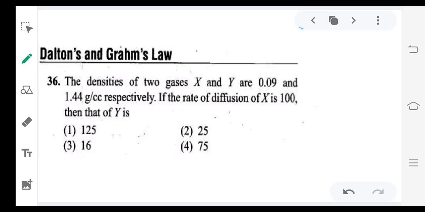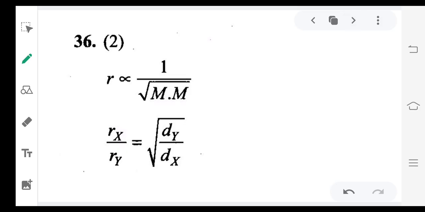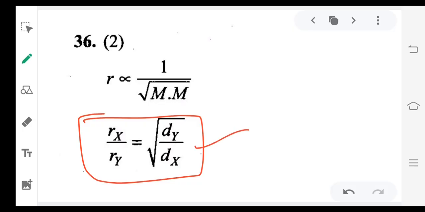They gave the densities and the rate of diffusion of X, and they are asking the rate of diffusion of Y. You know rate of diffusion is inversely proportional to root d. So by using this relation we can solve the problem. Rate of diffusion of X by rate of diffusion of Y equals root dY by dX. They provided all the values, so if you substitute you will get the answer.